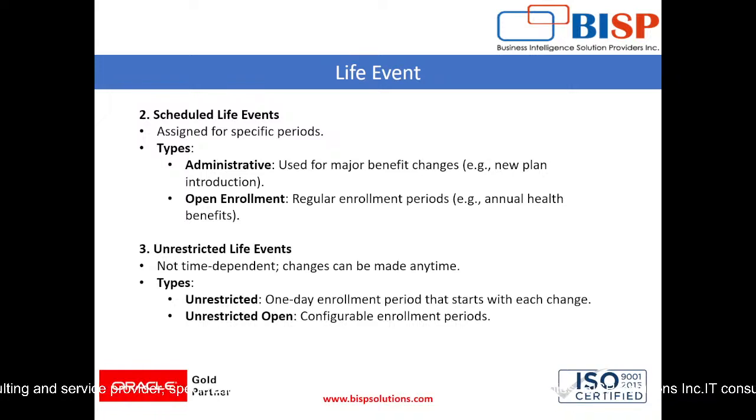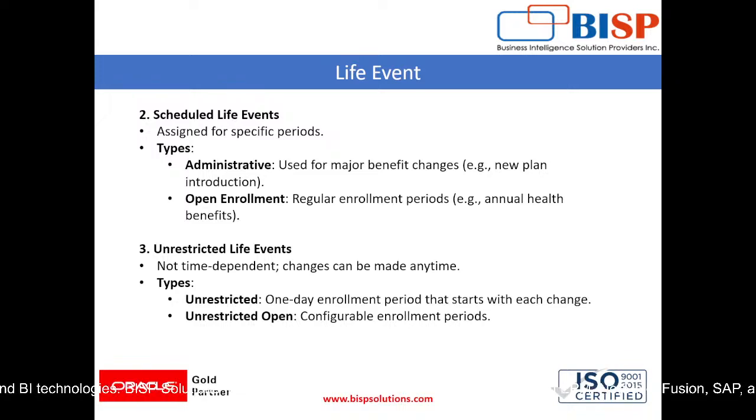The second life event is the scheduled life event, which is assigned for a specific period. There are two types: administrative and open enrollment. Administrative is used for major benefit changes, for example a new plan introduced.